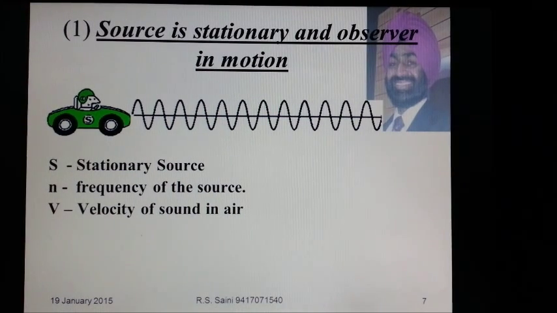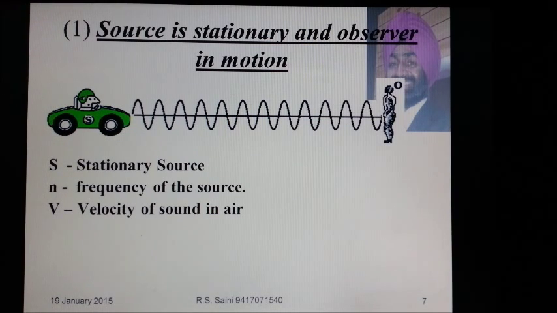Let us take this distance covered by the wave in 1 second. This distance should be the velocity of sound v in air into time equal to 1 second. So this complete length in which these n waves are enclosed is equal to the velocity of the sound.